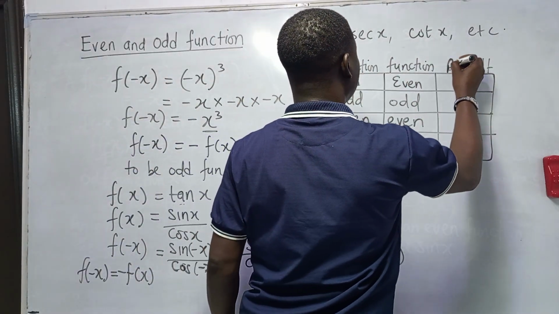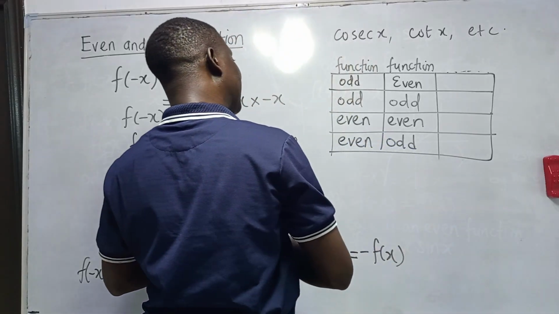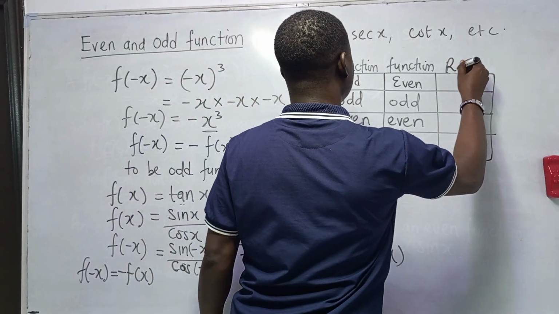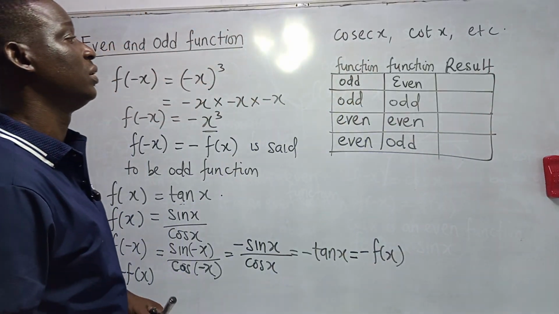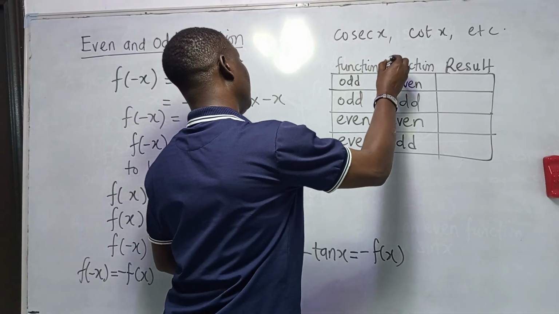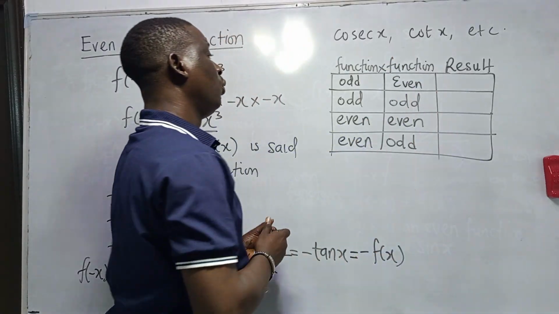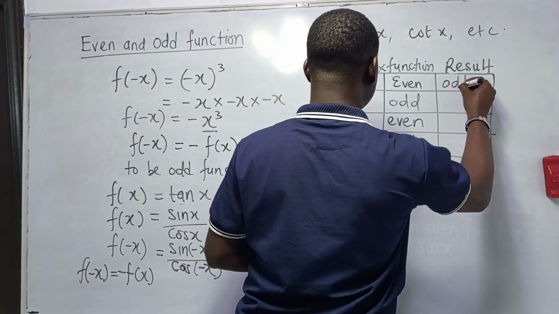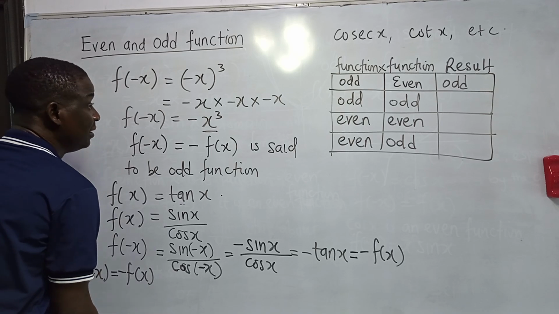If you have a function that is odd, and the second function is even, what will be the result when they multiply each other, the product? Odd multiplied by even will give us odd.